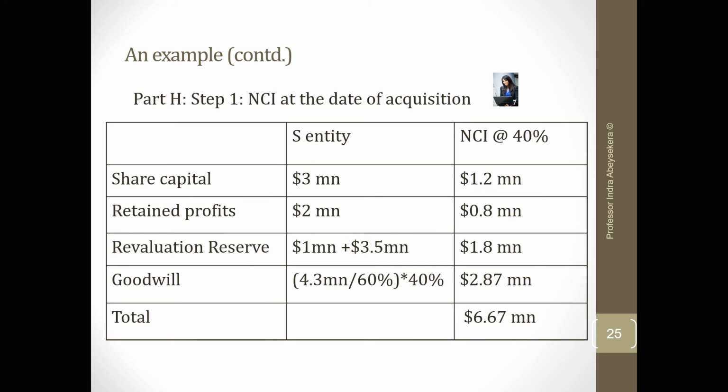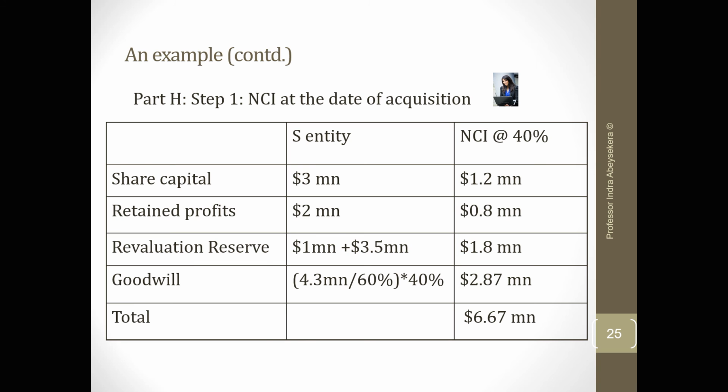So when we are calculating step 1 of the non-controlling interest, we take the gross share capital of the subsidiary, retained earnings, and revaluation reserve. There was a revaluation reserve of 1 million, but in addition to that, a subsidiary's asset was revalued, and after tax it became 5 minus 1.5, 3.5.